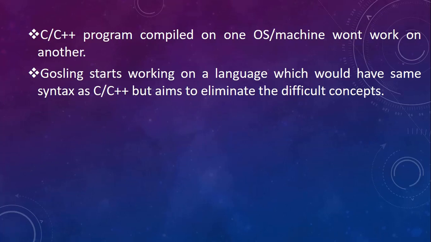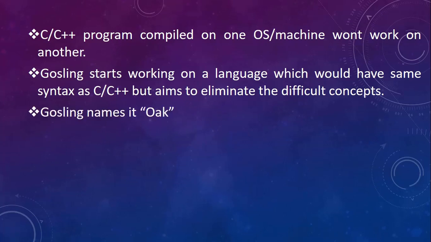So Gosling wanted to keep the same syntax, but he wanted to eliminate some concepts which were creating problems with respect to the reliability of the software. The difficult concepts in C and C++ he wanted to eliminate in his new language.